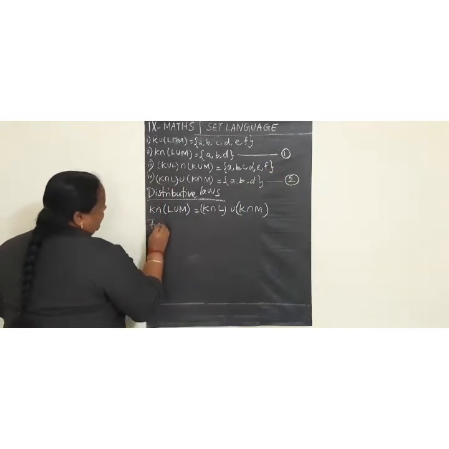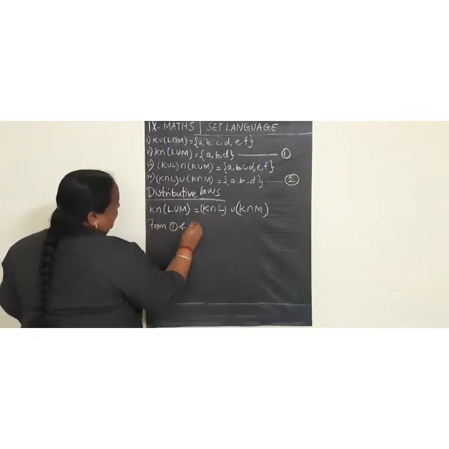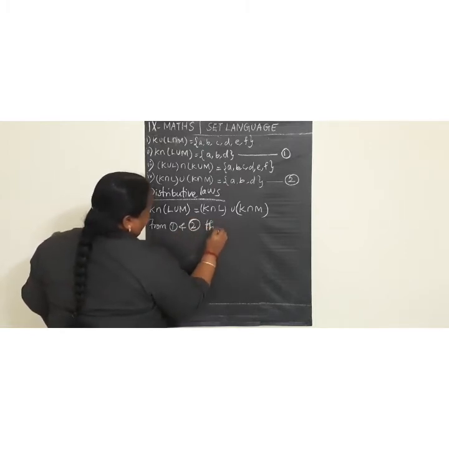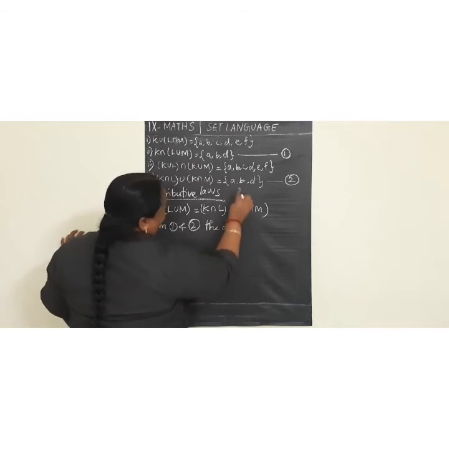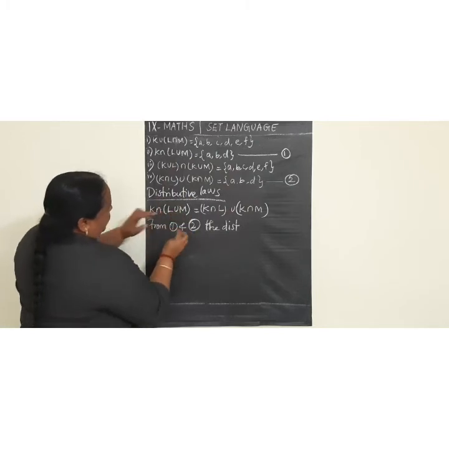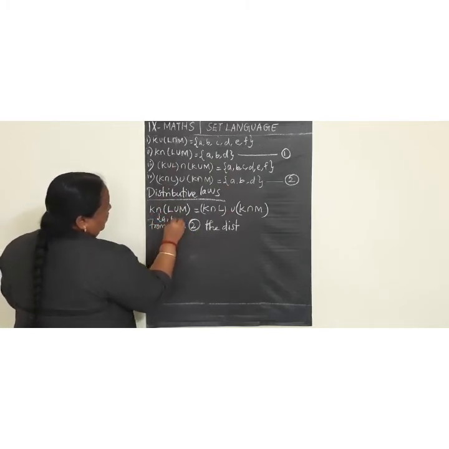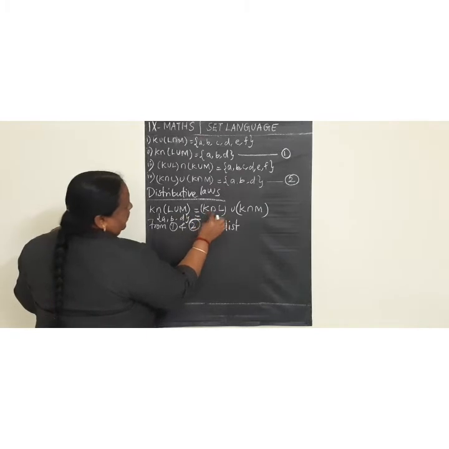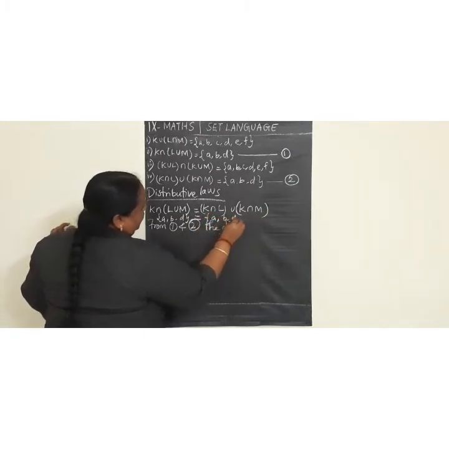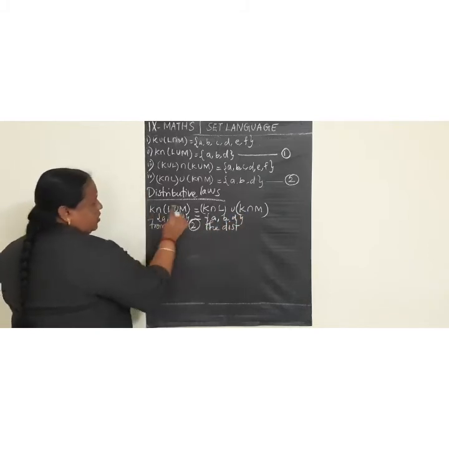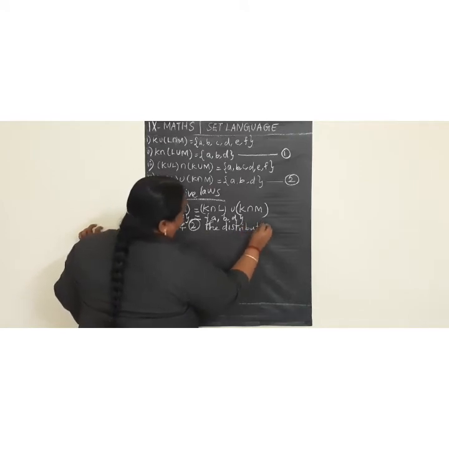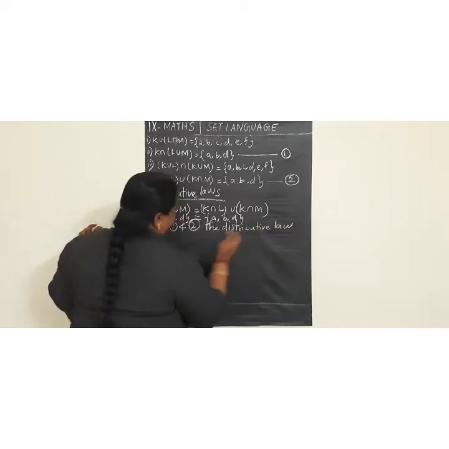From 1 and 2, because on both sides we are getting the same elements A, B, D: K intersection L union M is equal to A, B, D, and K intersection L union K intersection M is equal to A, B, D. Both are equal. So from 1 and 2 the distributive law is verified.